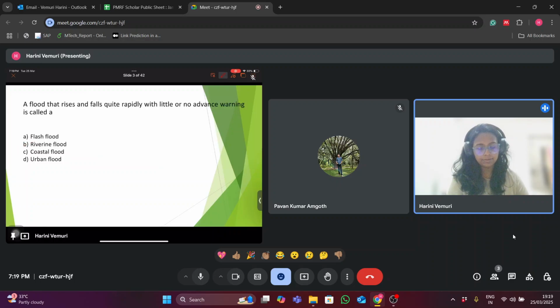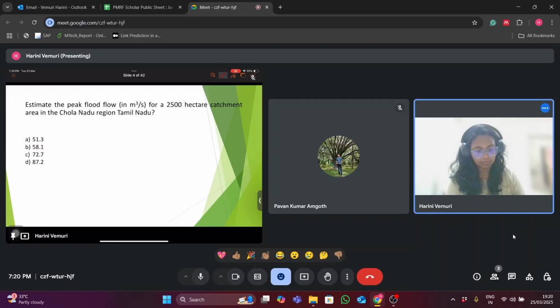The next question is: a flood that rises and falls quite rapidly with little or no advance warning is called A flash flood, B riverine flood, C coastal flood, and D urban flood. If you remember, in case of flash floods, the flood will occur very quickly. Okay, it rises and falls quite rapidly with no or little advance warning.